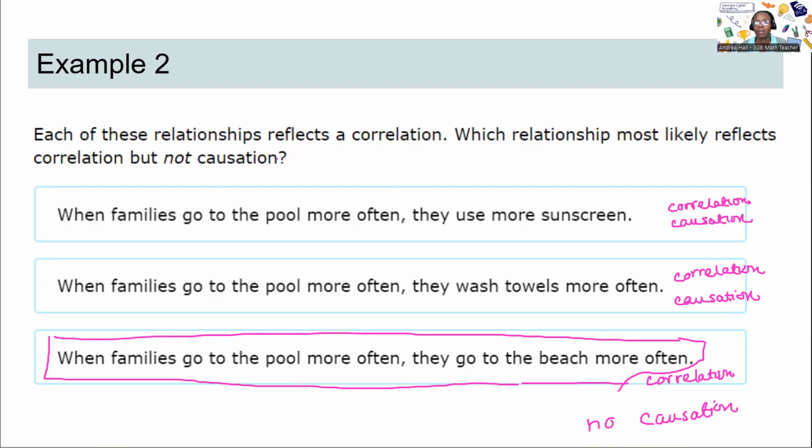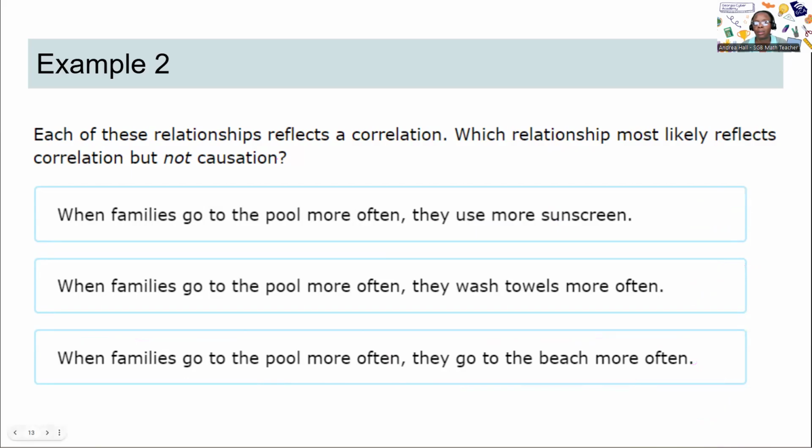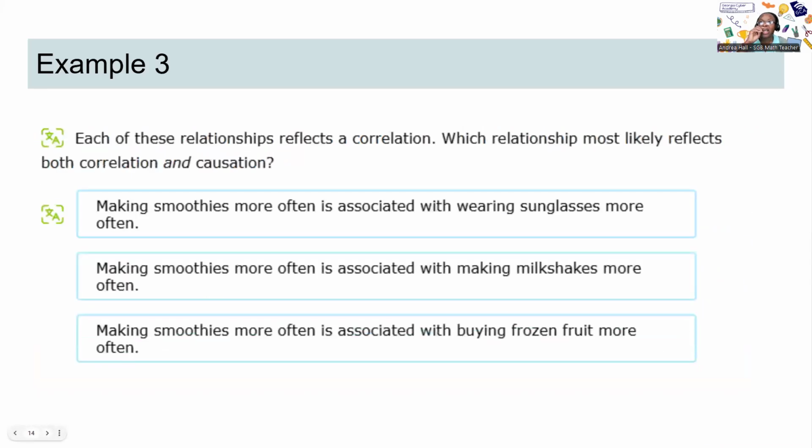All right. Each of these relationships reflects a correlation. Which relationship most likely reflects both a correlation and a causation? So we want both a correlation and a causation.